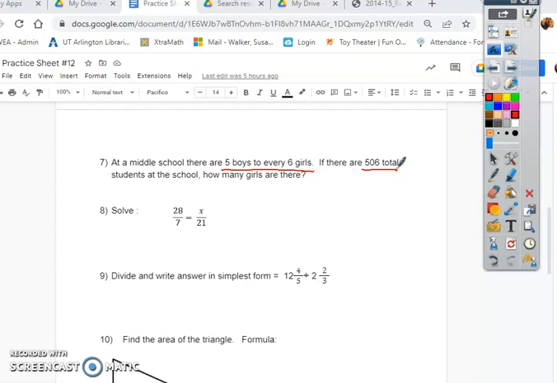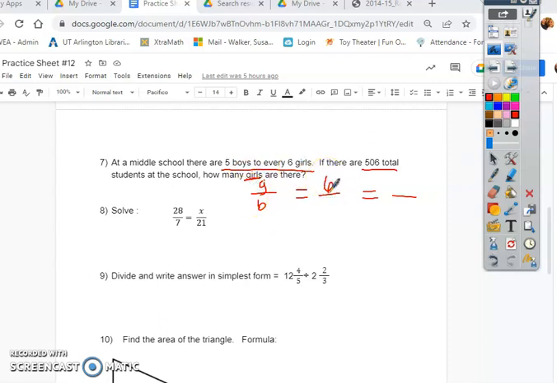So we know part-to-part and we know a total. So let's think about what we were working on last week. Okay? So don't write this down yet. Go on and put this. Line equals line equals line. Generally, this would be girls to boys. Okay? I'm putting girls because the question's asking for girls.